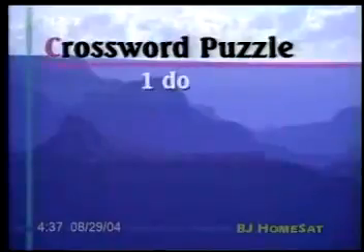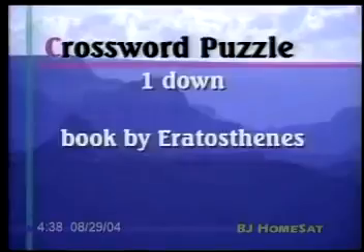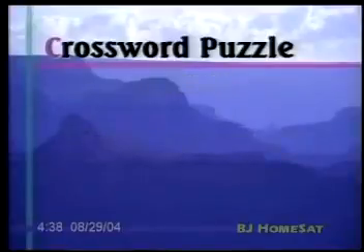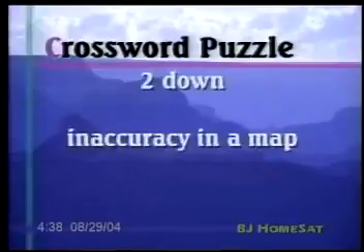All right, starting with one down. Our clue is a book by Eratosthenes. Book by Eratosthenes. Okay. Two down. Inaccuracy in a map.